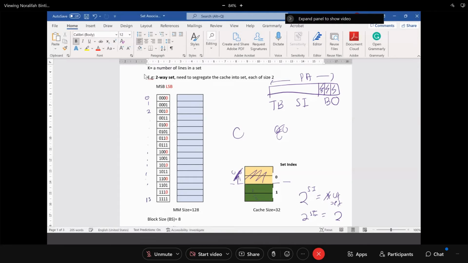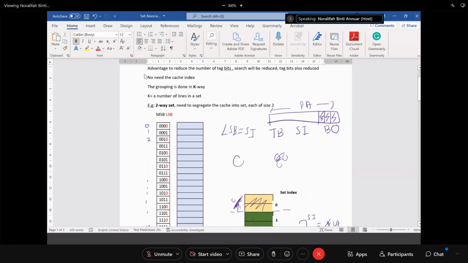So which block can be placed into set 0 or 1? So you will refer to the least significant bits. Now set index is the least significant. How many bits for set? 1 bit je, from your right.